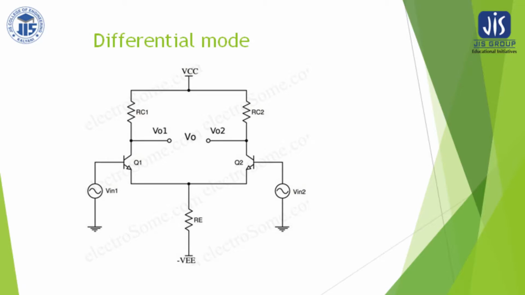Therefore V1 minus V2 is equal to 2 Vd. So if it is equal to V, therefore Vd is equal to V by 2.